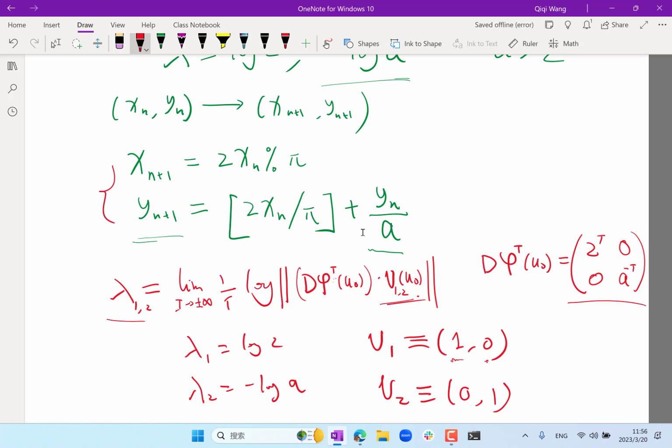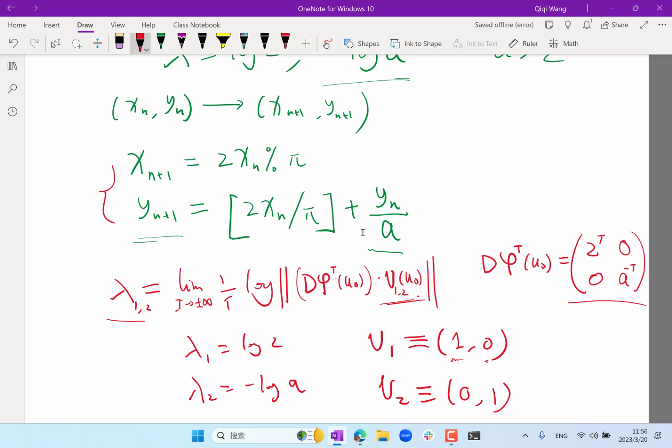But why is v1 (1, 0) but not 1 with any y component? That is because this t can also be negative. t can also go to negative infinity. And as t goes to negative infinity, this Jacobian is going to be taking a negative power.